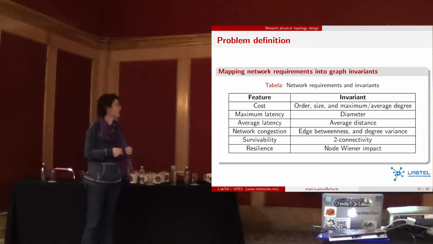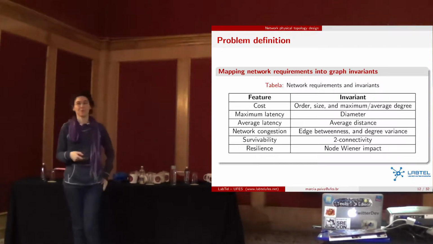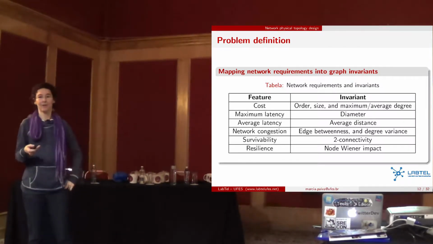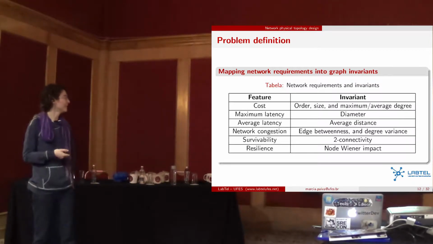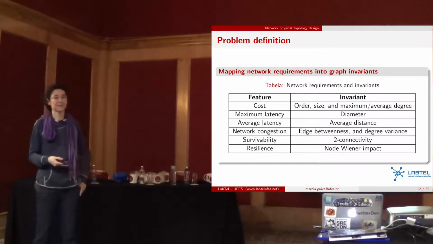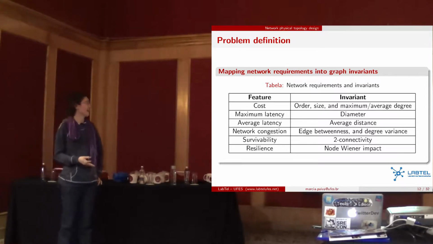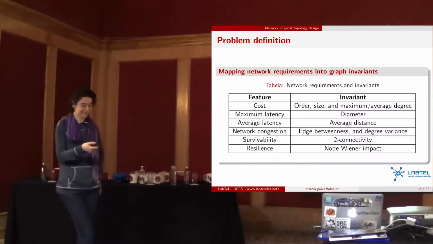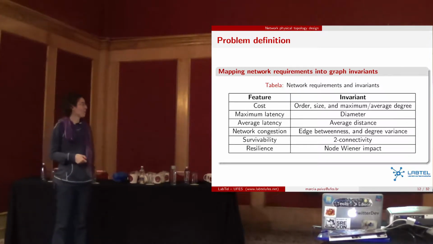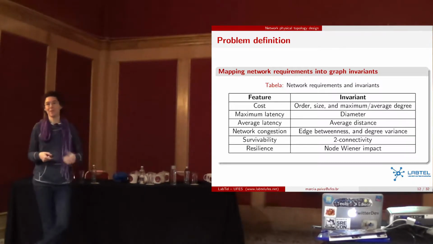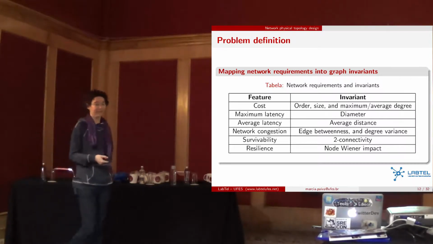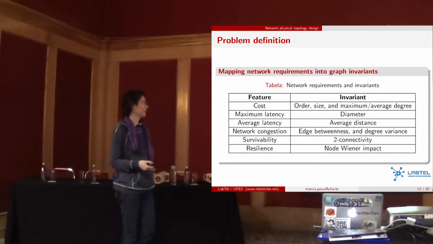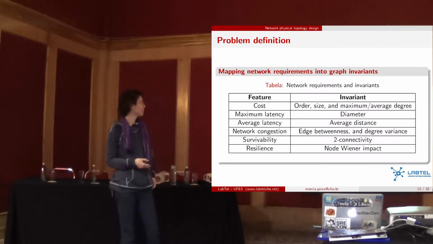The maximum latency, that is the time to reach all nodes from a given node, is related to the diameter, and the average latency is naturally related to the average distance. Network congestion, that is the number of paths using the same links at the same time, can be represented by the edge betweenness, or the node betweenness if the congestion is on the node.